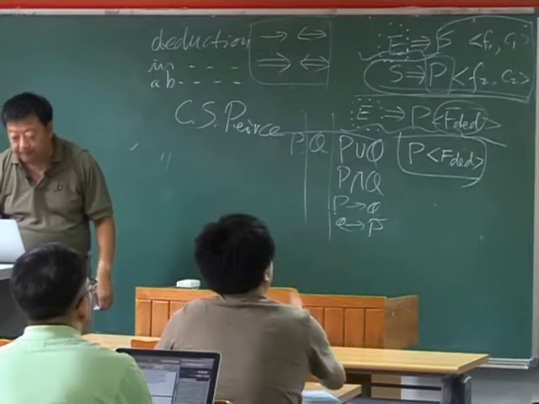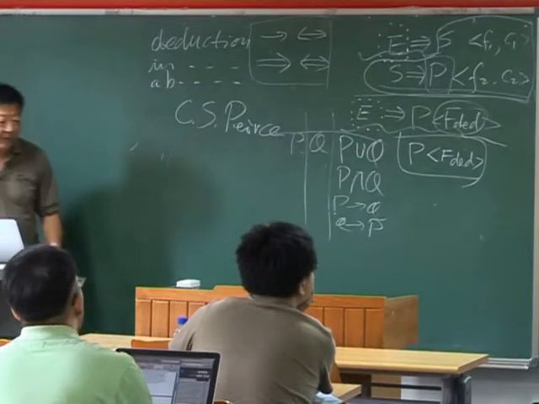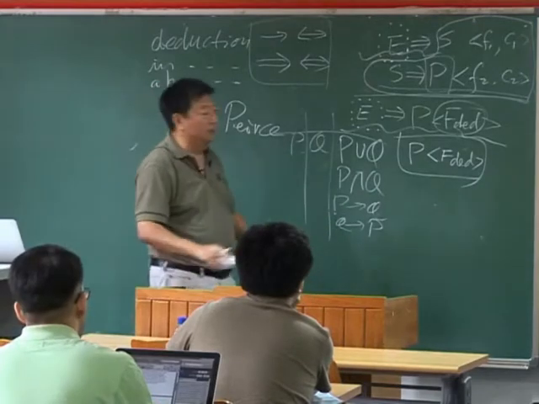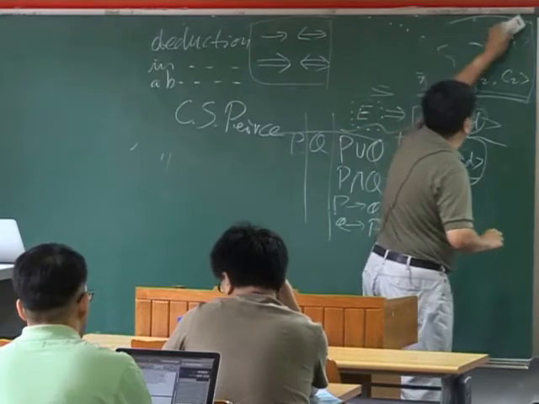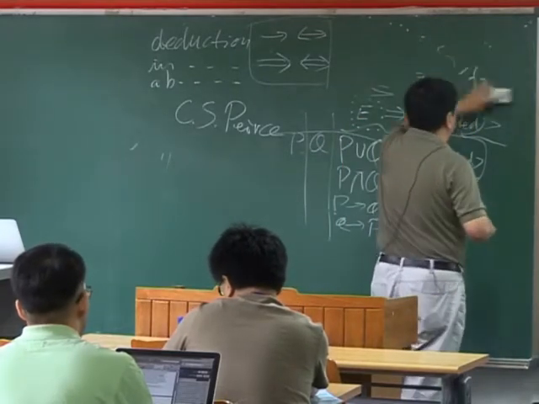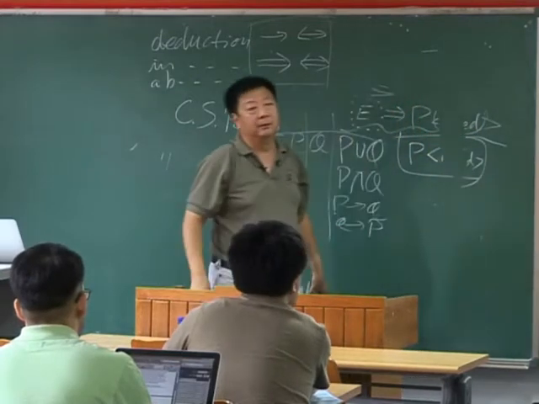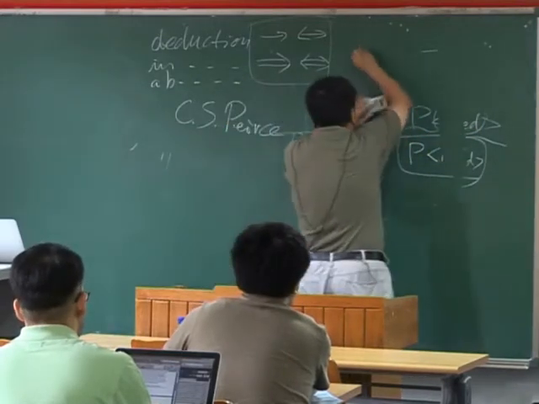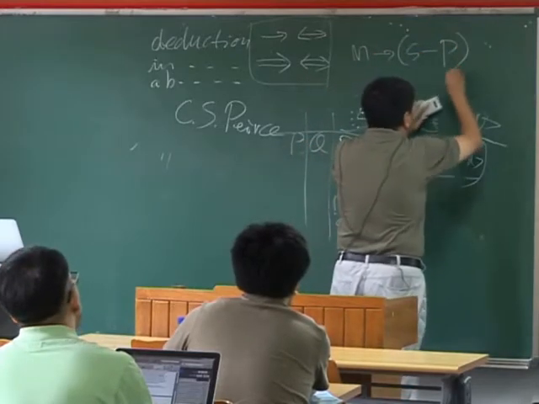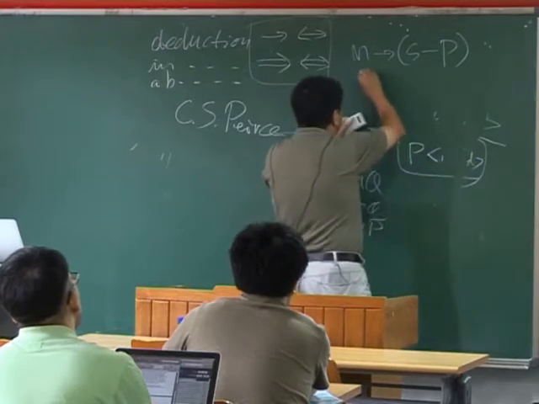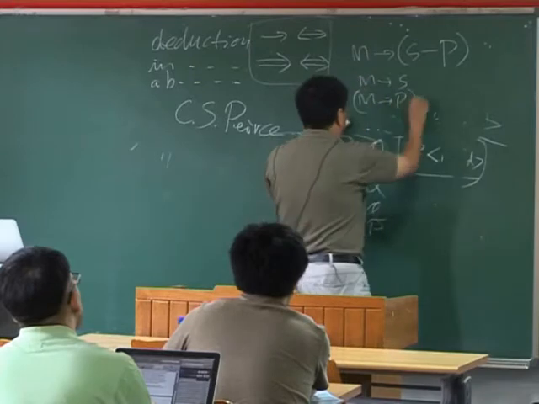Now let's see. Negation needs special treatment. Previously, we talked about not, but that's still different from the negation we introduce here. Especially in layer 3, we define this difference. So you see, M is in S minus P, which means M is in S and M is not in P, right?